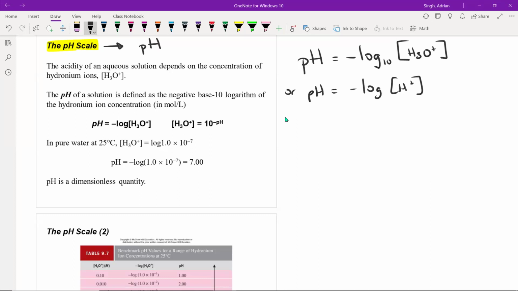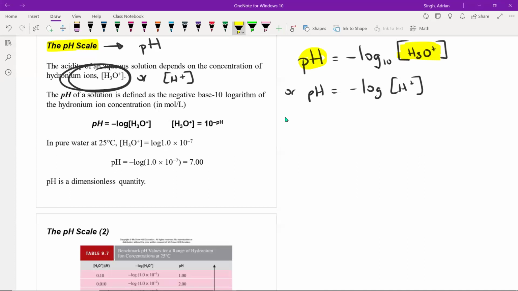So we can calculate this thing called a pH, which depends on the concentration, the square brackets, of the hydronium ions, or just the concentration of the proton in that solution. So if we know what the hydronium ion concentration is, we can simply stick it into this equation. We can calculate the pH.